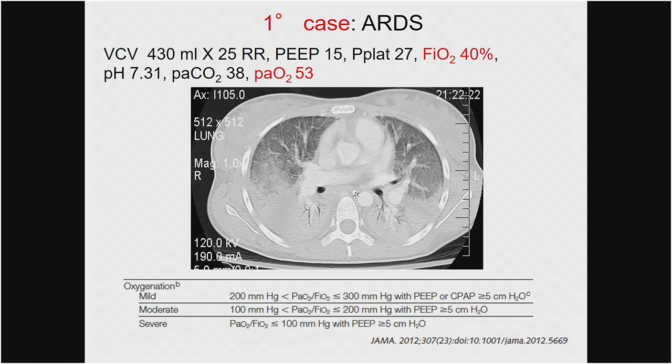The PF ratio is about 130, 132 precisely, and below is the representation of these CT scans. So this could be a typical ABG of a patient with ARDS as represented here.